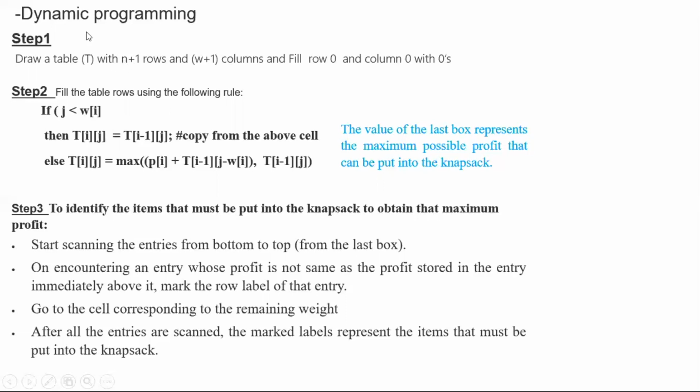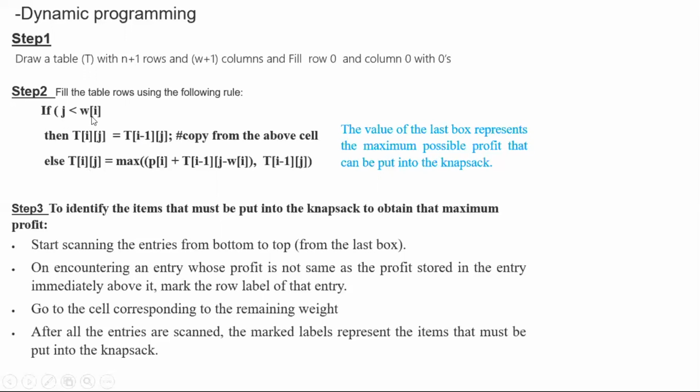You see, when we use dynamic programming, we always have to generate tables, so the space complexity is higher, but it guarantees the optimal solution. The table is of size n+1 by W+1. We fill the first row and the first column with zeros. Now we start filling the other entries of the table using the given formula.